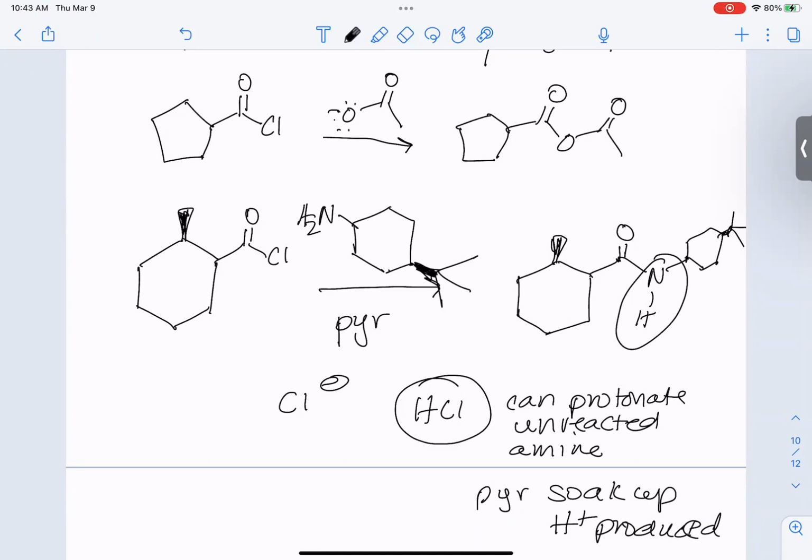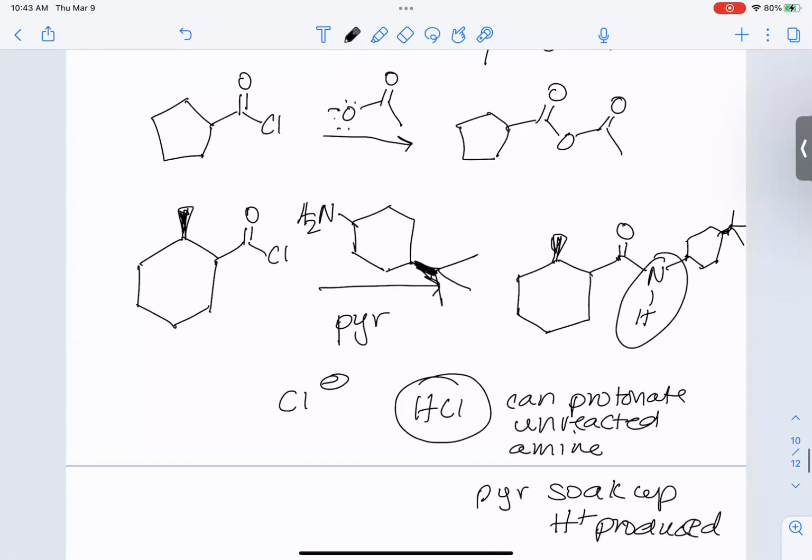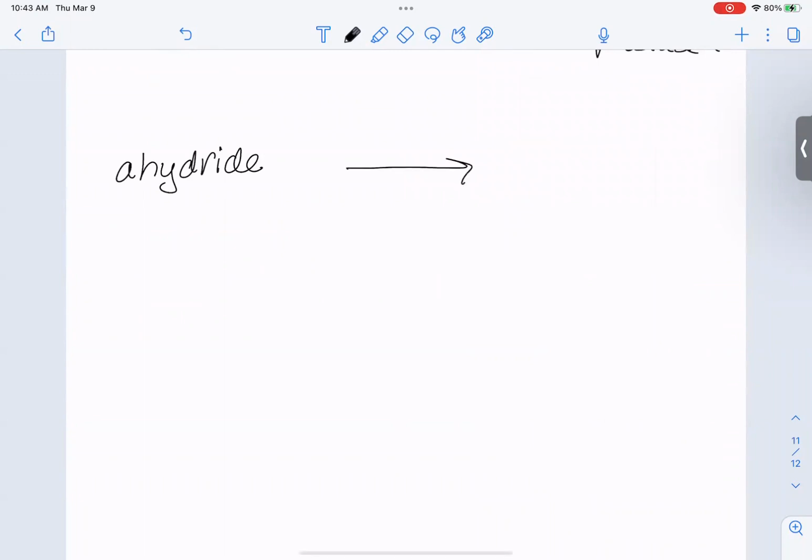All right, so again, you can just go down the line with these. If you have an anhydride, you can convert an anhydride into an ester or an amide. To convert the anhydride into an ester, you use an alcohol.